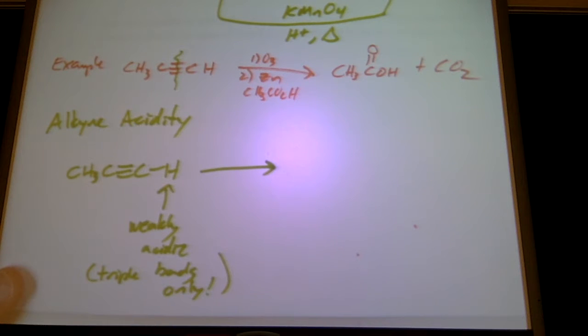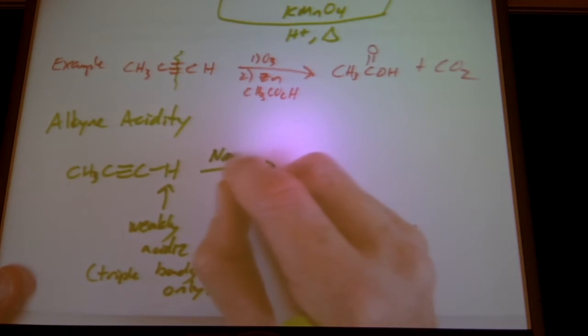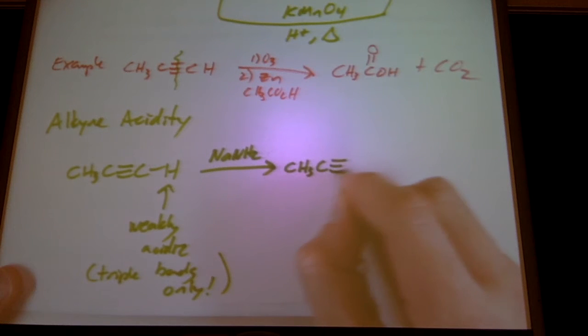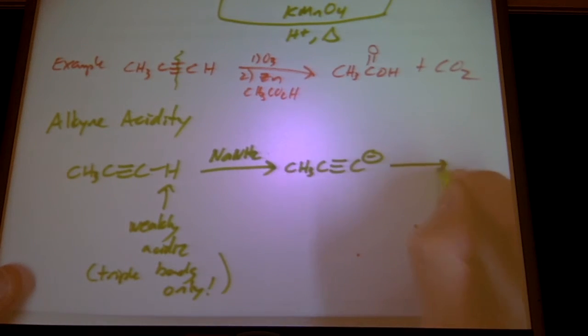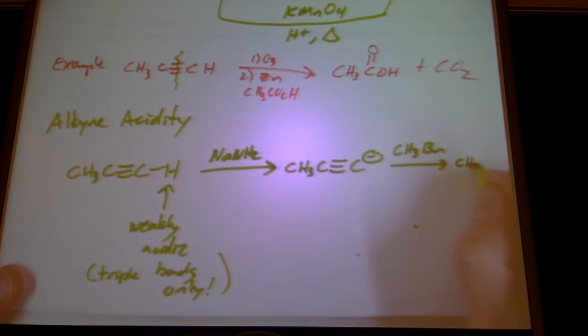So we're going to use a strong base. I'm going to use a strong base that we used before, NaNH2. It forms what's known as an acetylide ion. Then you treat this with some kind of an alkyl halide. And whatever alkyl group you have attached to your halogen will add to the end of my triple bond.